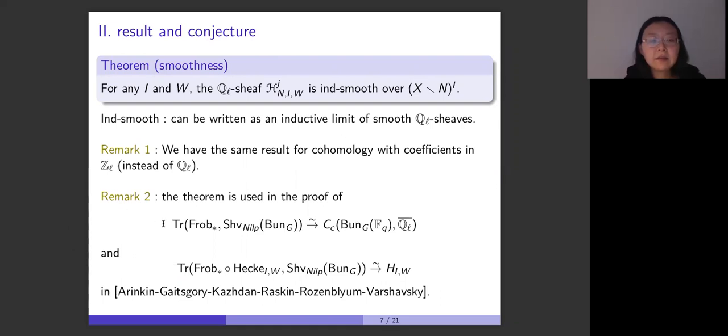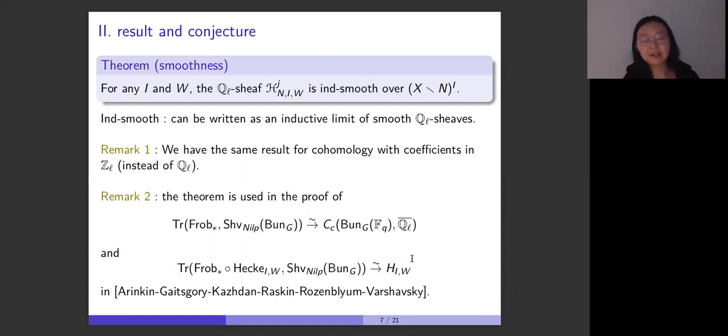And there is an application of the theorem. In the recent work of these authors, they have a conjecture of geometric Langlands for function fields with analytic coefficients. Their conjecture is a categorical conjecture. On one side you have the category of sheaves on LocSys for G-hat, and on the other side you have the category of sheaves on Bun_G.